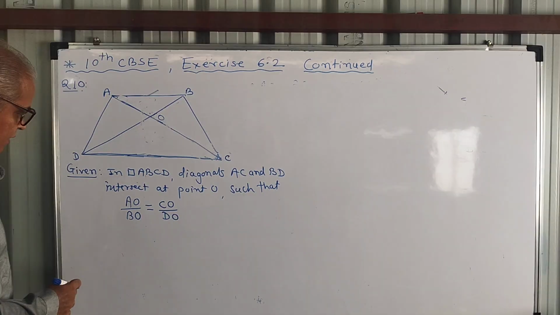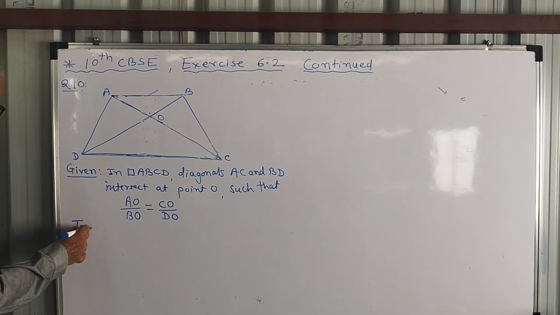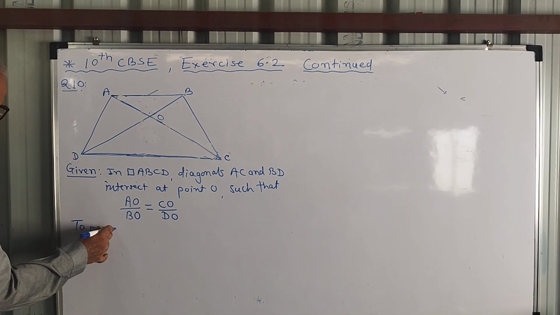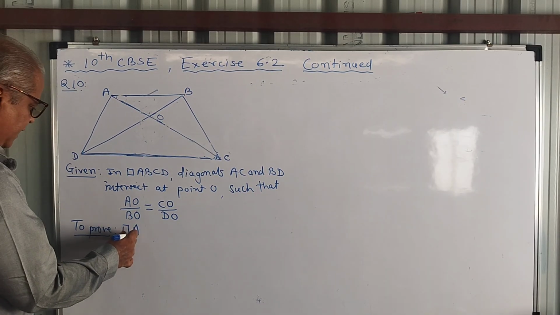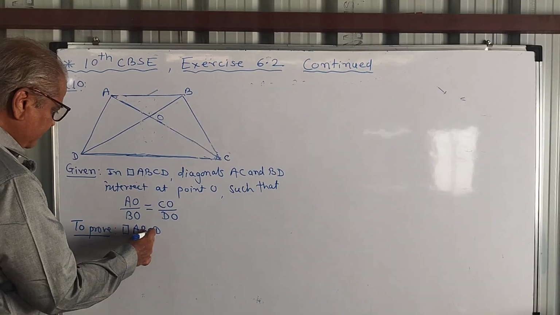This is given. To prove, quadrilateral ABCD is a trapezium.